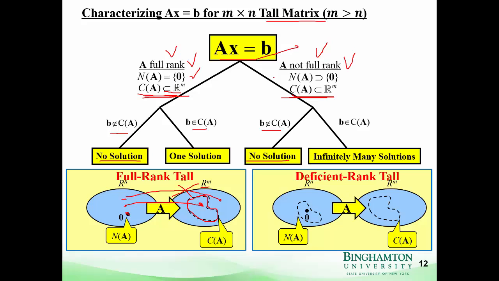Then ask the question about full rank or not full rank. So it might be interesting for you to try to redo these where the first question you ask is: in the column space or out of the column space, and then ask the question, full rank or not full rank, and you'll be able to see a different slicing of this.